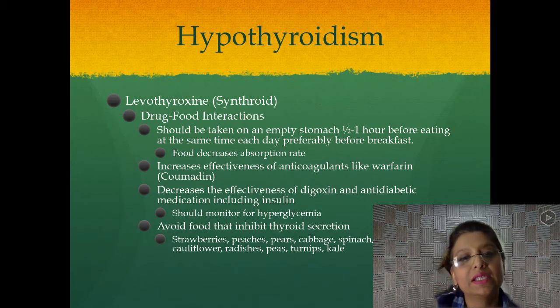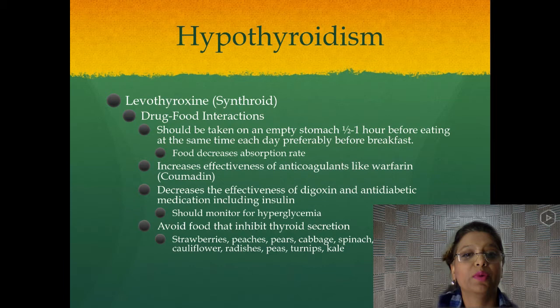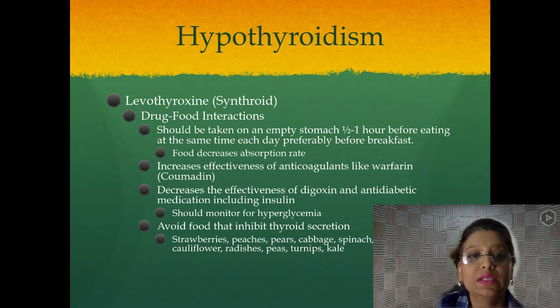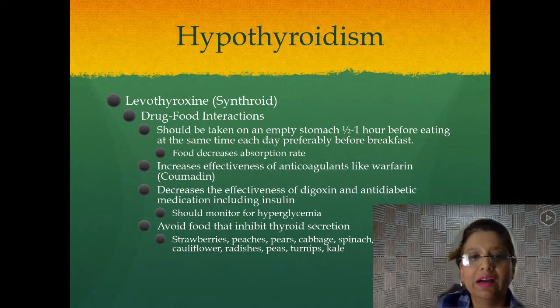It decreases the effectiveness of digoxin and anti-diabetic medication, including insulin. And we should monitor for hyperglycemia, an increase in sugar levels. Avoid foods that inhibit thyroid secretion. What are those foods? Strawberries, peaches, pears, cabbage, spinach, Brussels sprouts, cauliflower, radish, turnip, and kale.